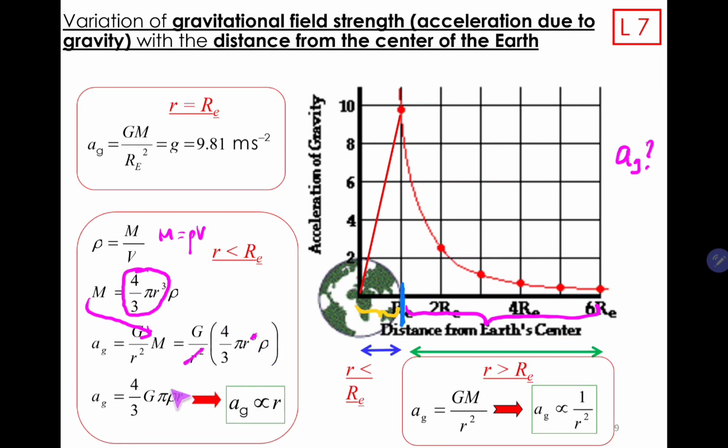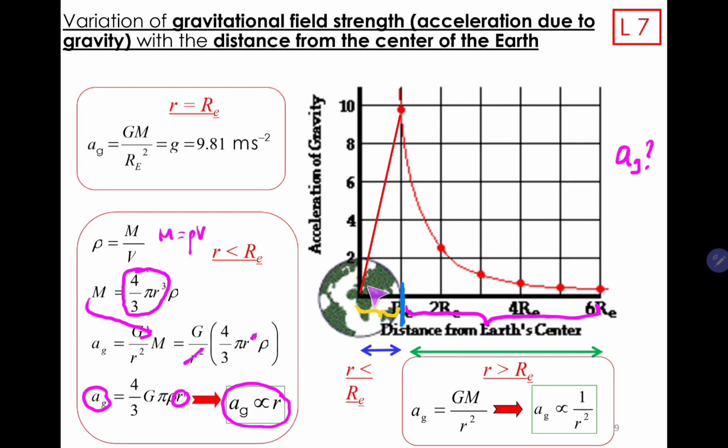So what do we have now? The equation is Ag equals 4/3 G pi rho r, where Ag and r are directly proportional. So here, Ag and r are directly proportional.